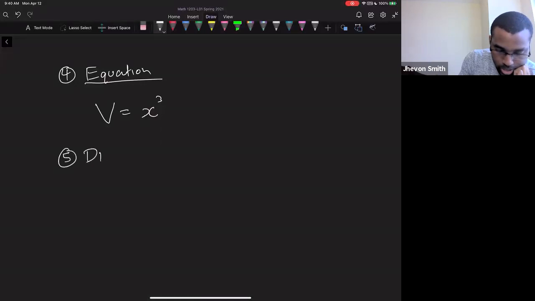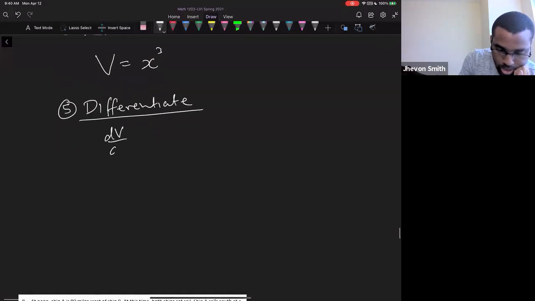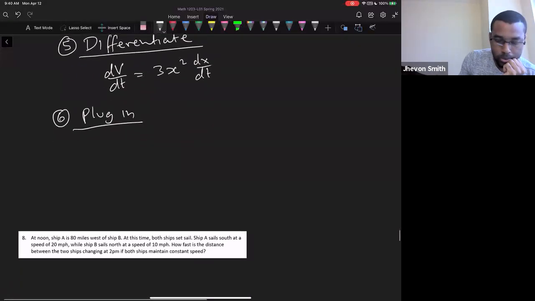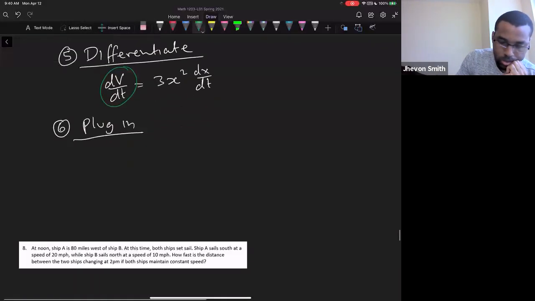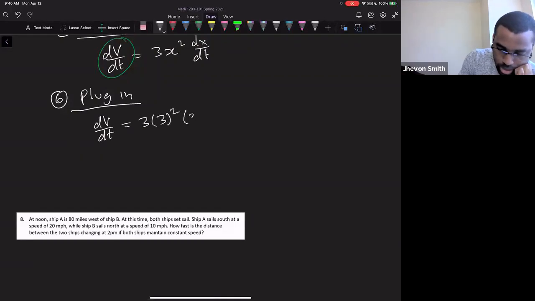Step 5, going to differentiate. So this is dV/dt equals 3x squared dx/dt. Step 6, going to plug in. We want dV/dt. So dV/dt is going to be 3 times our x was 3, dx/dt was 2.